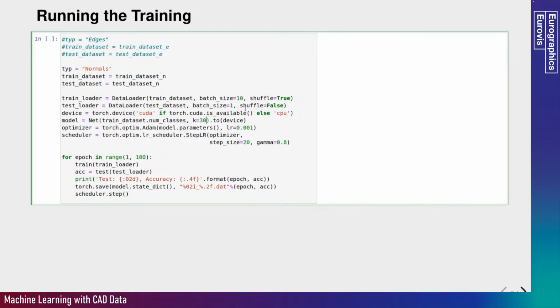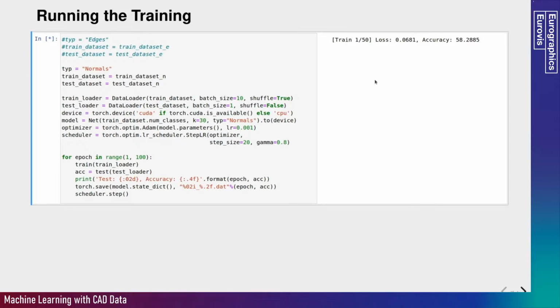Afterwards, we also have to switch our network to use the different type, and in this case we're just switching to the type normals. Everything else can stay the same, and we can run this cell again, and we get a normal estimator by training this model here.